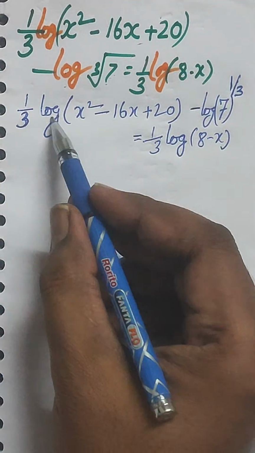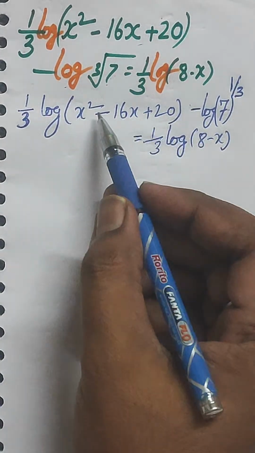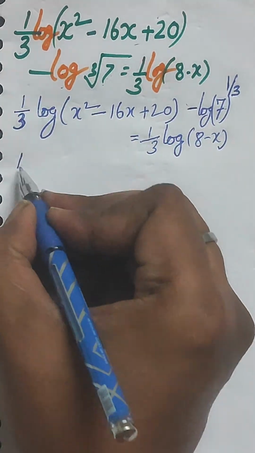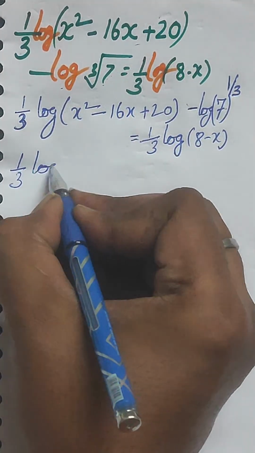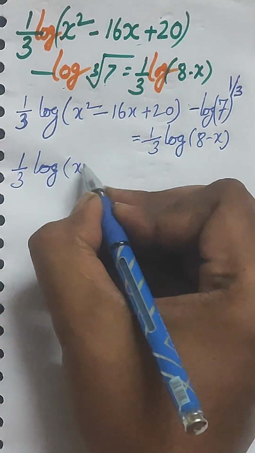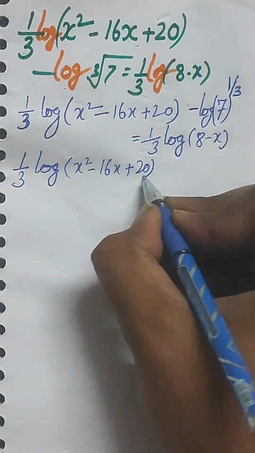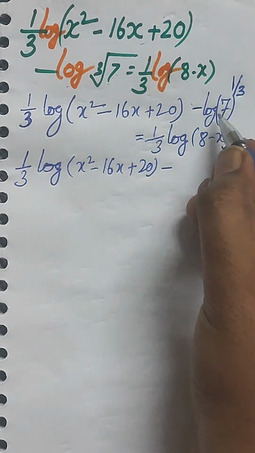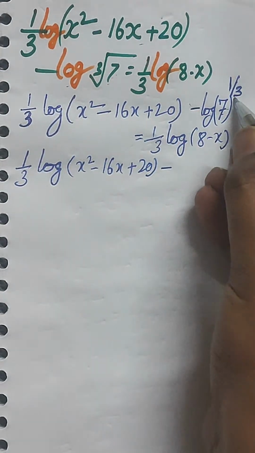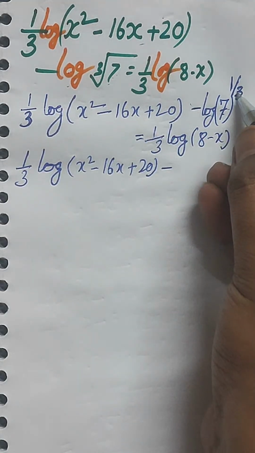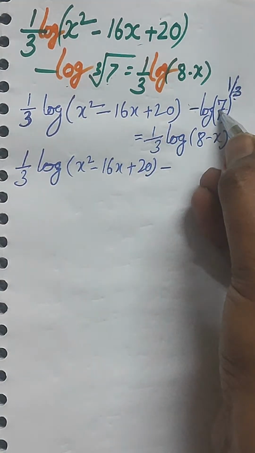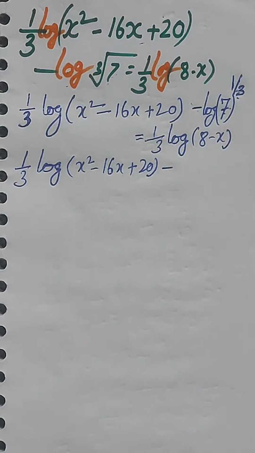Now in the next step, 1 by 3 log of, just write the first term as it is, x square minus 16x plus 20, and minus 1 by 3 log of 7 power 1 by 3. Log of x power m can be written as m log x, right? Do you remember?